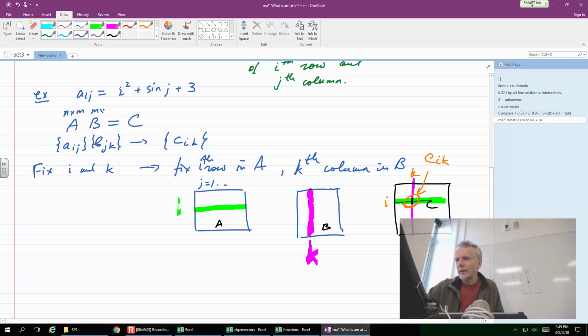So I'll put K here, but I'll have to change the index. I don't have a good index. How about P? So P stands for the size of the column. Okay, so we'll finish the formula next time.